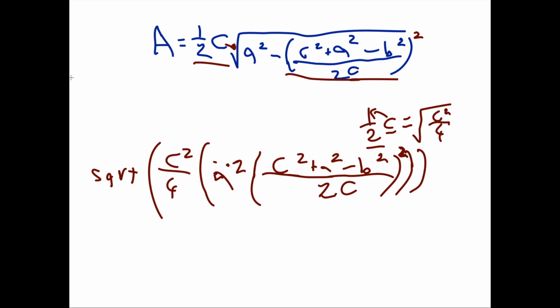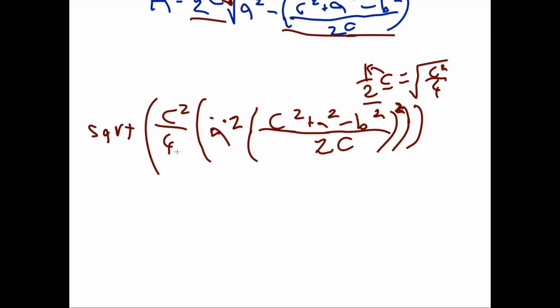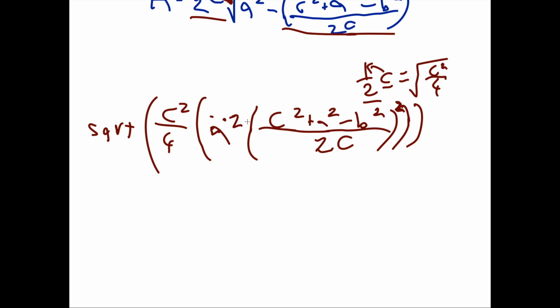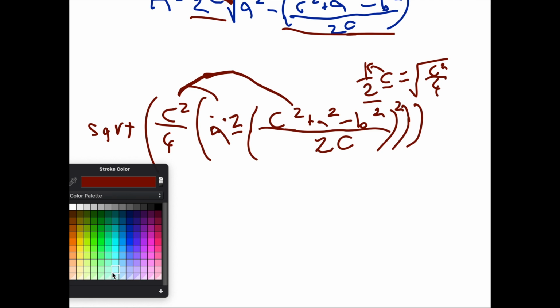Okay, so now we have this formula here. Now let's scroll down here. And this should be minus. So if we distribute the c squared over 4 here, we're simplifying it, I guess. Not really.